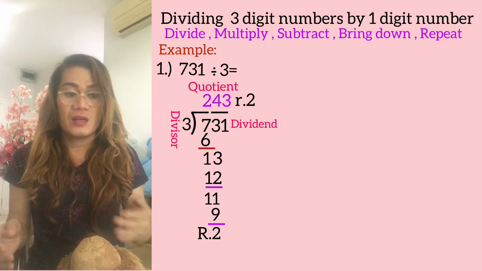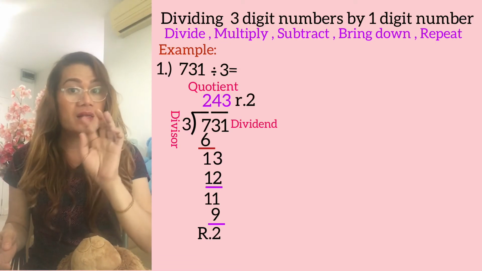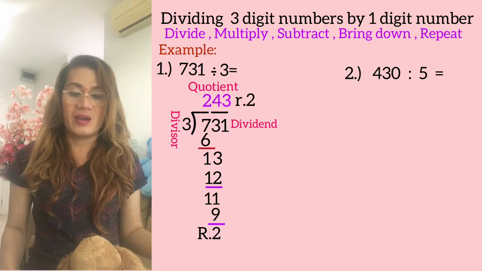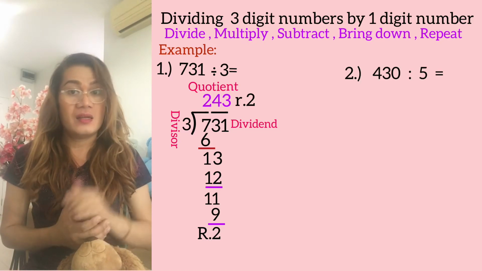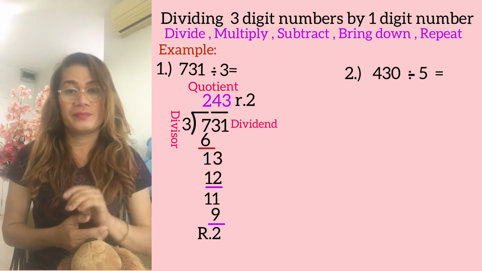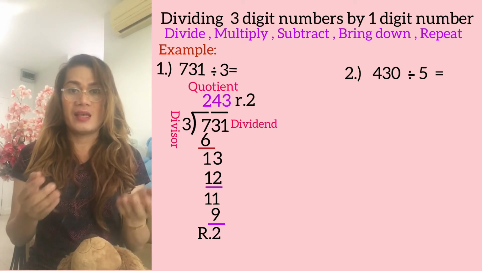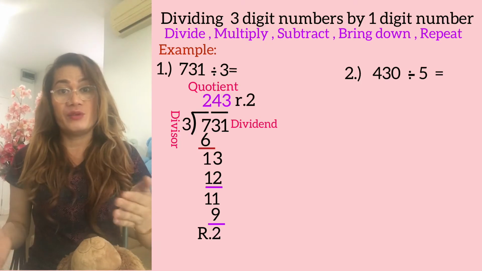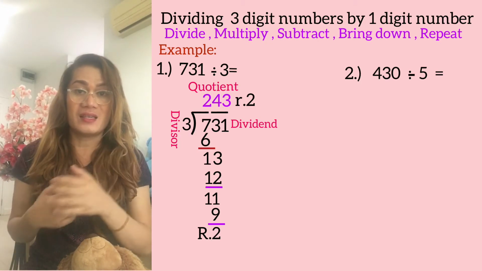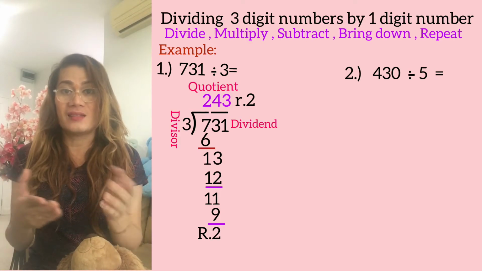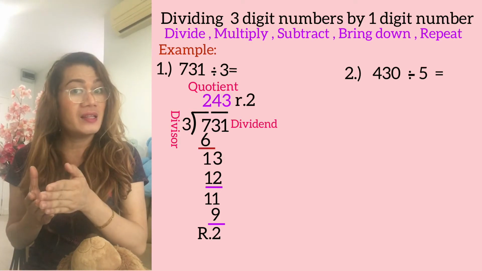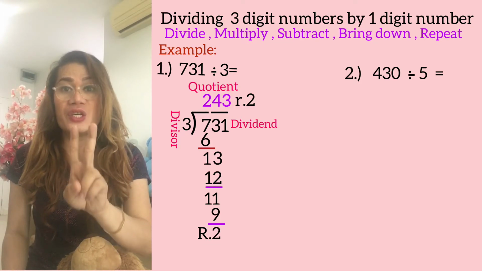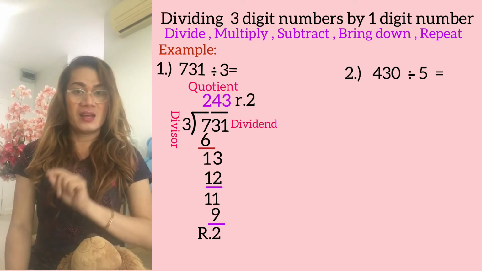Next, let's proceed to our second example. We have 430 divided by 5. Same process. We have to divide our dividend by our divisor. 4 we can't divide because our dividend is smaller than our divisor. So we need 2 digits.